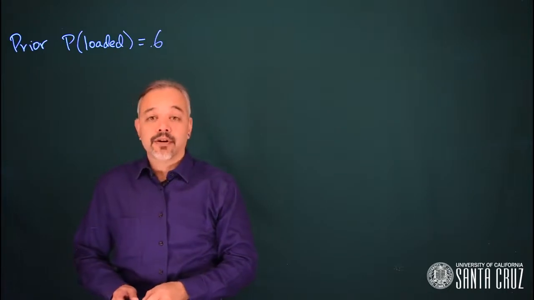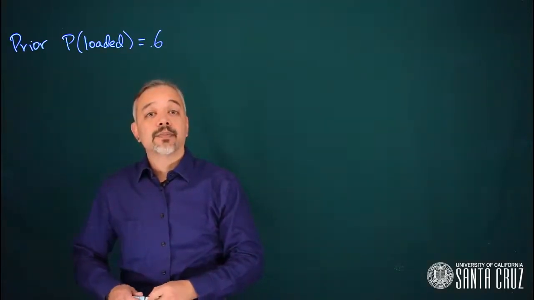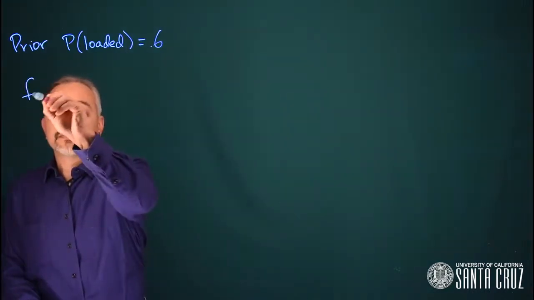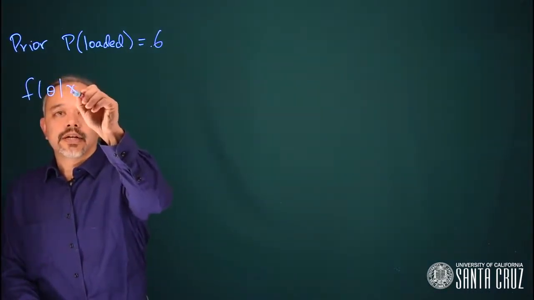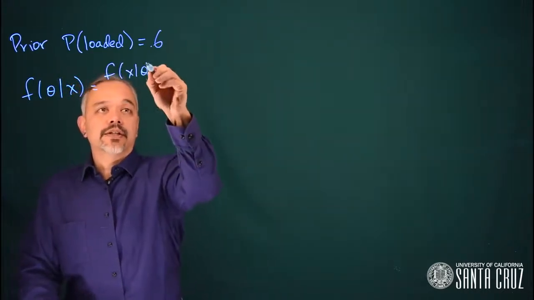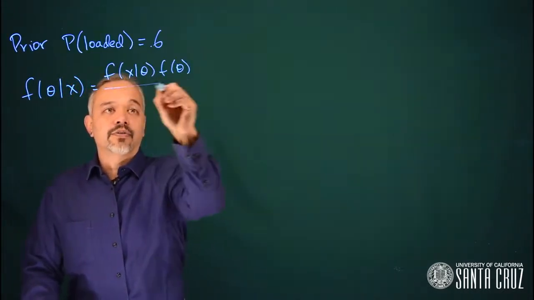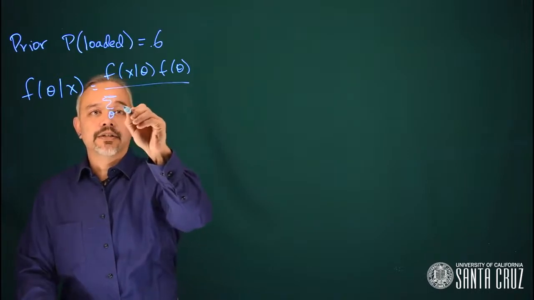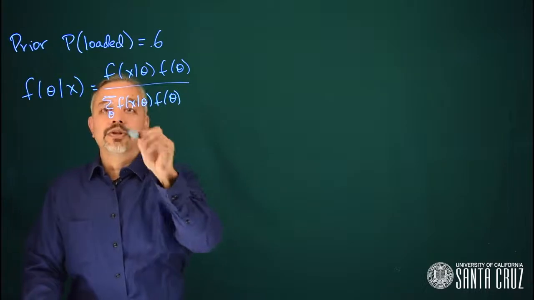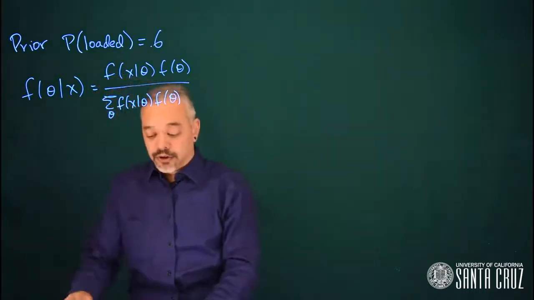We can now update our prior with the data to get our posterior beliefs, and we do this using Bayes' theorem. f of theta given x is going to be f of x given theta times f of theta, over the sum over all possibilities for theta of f of x given theta times f of theta. In this case, the only two possibilities for theta are that it's fair or loaded.